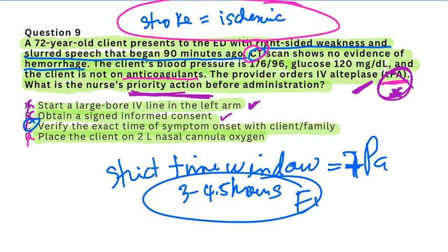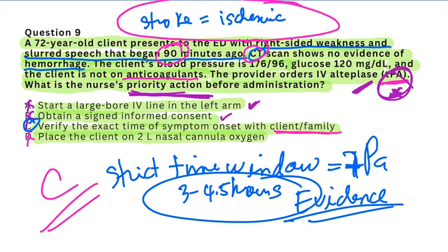That's what the evidence, so evidence-based practice, is telling us. So knowing it is going to be a priority so that you can start your TPA. Now, it tells you in the stem that it's around 90 minutes, but the choice says with the patient or with the family member. So letter C is the correct answer in question number 9.